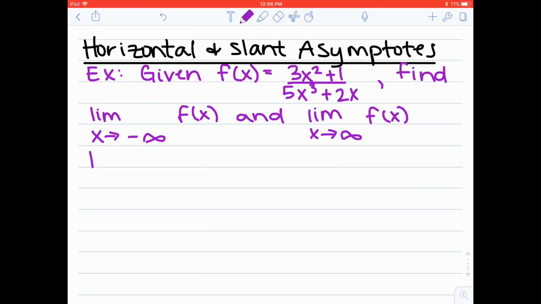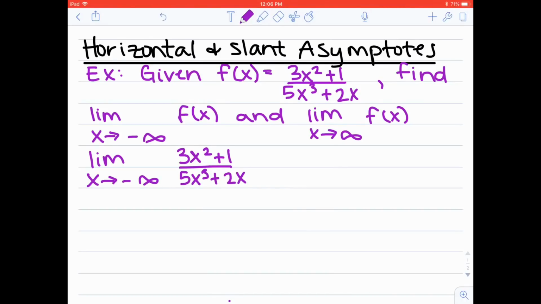So I'm going to say the limit as x approaches negative infinity of 3x squared plus 1 divided by 5x to the third plus 2x. When we look at this, we just have to think about which one wins.